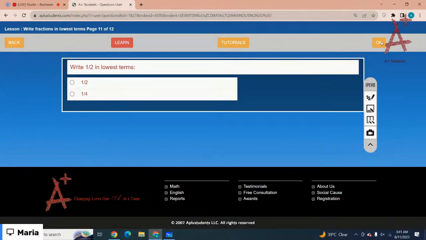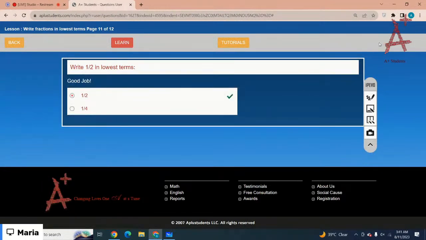So which is the correct option? So the correct option is very good, 1 over 2. They are already in the lowest form.